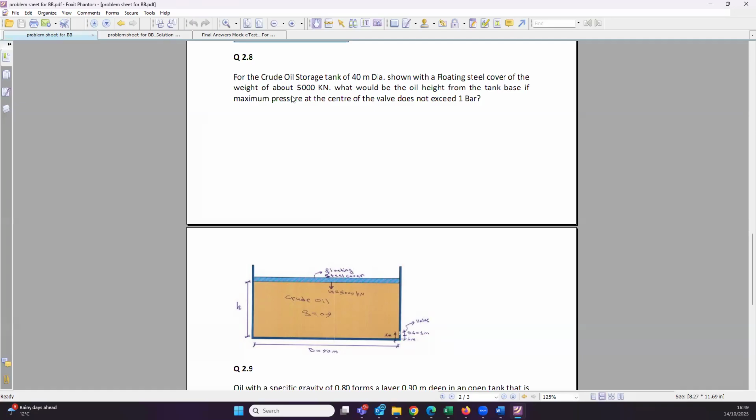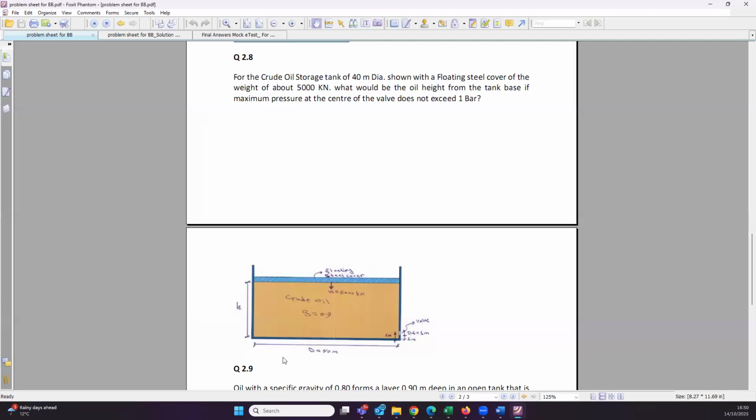You have a tank, and in this tank you have a fluid with a specific gravity of 0.9. You also know that there is a lid on the tank, a floating lid, and it is 5,000 kilonewton. It means that you know the weight of this lid.